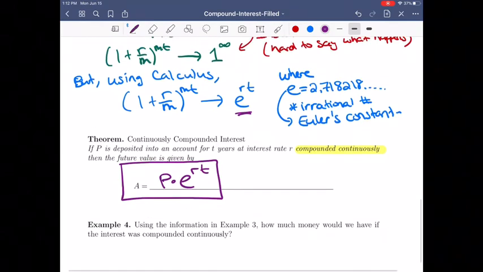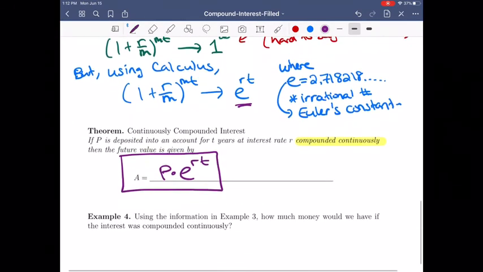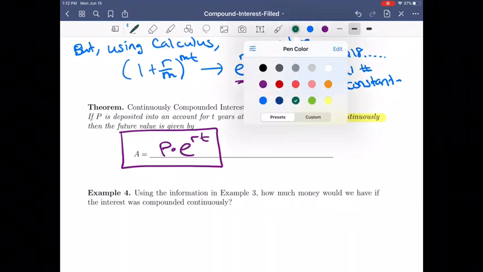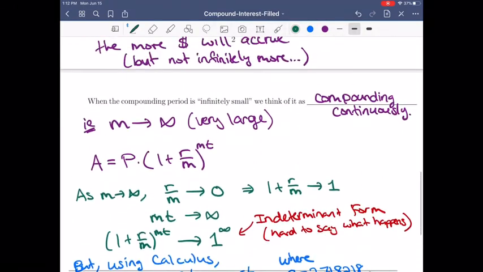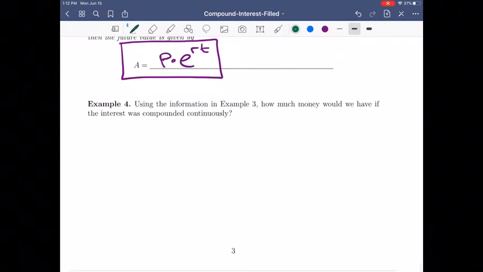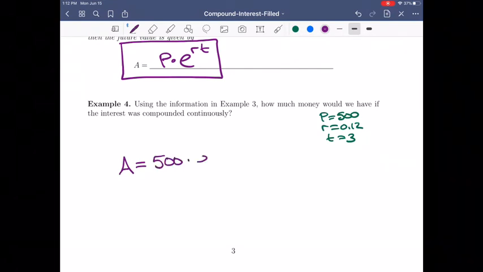So let's do that example we were doing before again. P was 500, R was 0.12, and T was 3. So if we did continuously compounded interest, our A is going to be 500 times e to the 0.12 times 3.